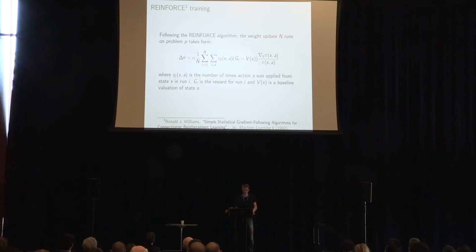And then for each attempt to solve a problem, for each trace in reinforcement learning terms, we loop through all the possible state action pairs, and then proportionally to how often this state action pair occurs in the trace, and proportionally to how high was the reward for that run compared to average for runs passing through that state, we update the weights according to the gradient of the policy, normalizing by the probability of the action to correct for the fact that some actions occur more often.